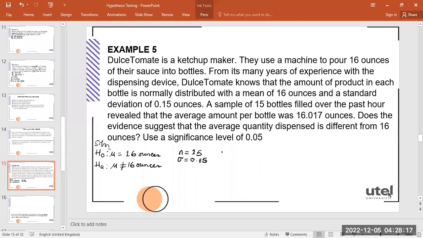And then we are also told that the sample mean of the paste was 16.017 ounces.